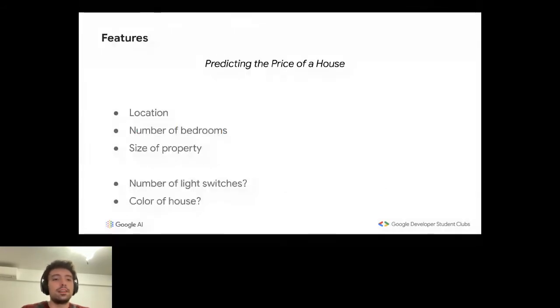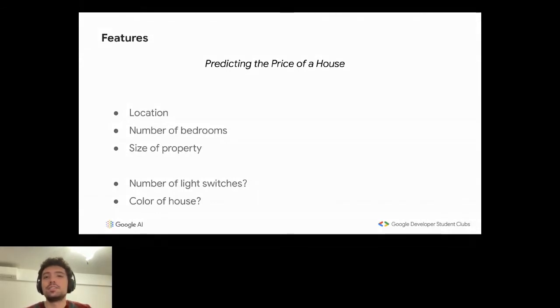So let's recap very quickly the concept of features. What are features essentially? Features, we can define them as the variables which let us distinguish data one from another. So let's say we consider the classical problem of predicting the price of a house. Houses are all different. Otherwise, life would be quite boring, I guess.